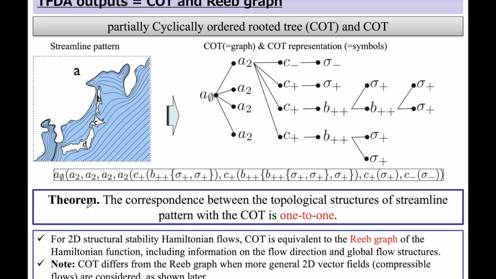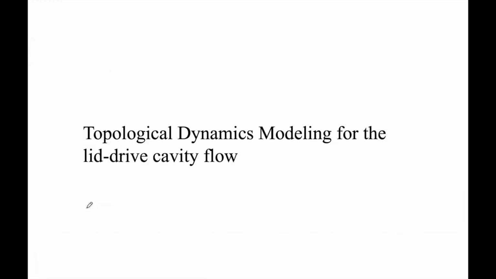But it includes the information on the flow direction and the global flow structure. And as I will show later, the COT becomes different from the Reeb graph when we consider more general 2D vector flows, such as compressible flows, as I'm going to explain later in the application section. Okay, so this is the basic of the TFDA.